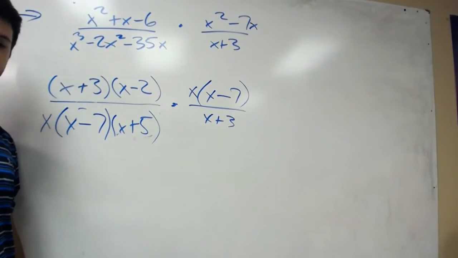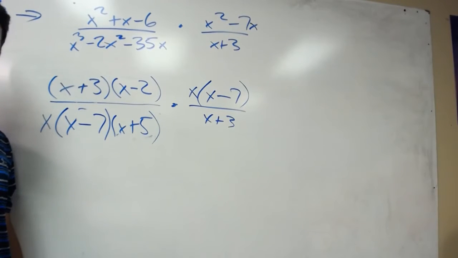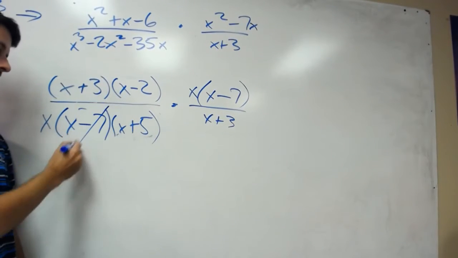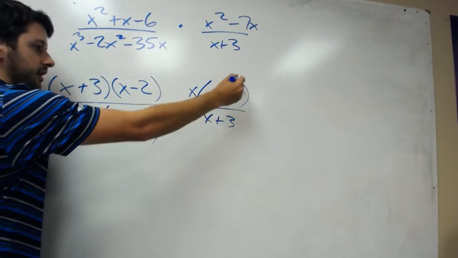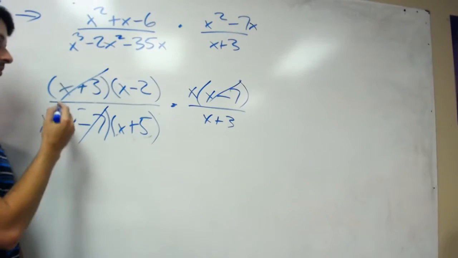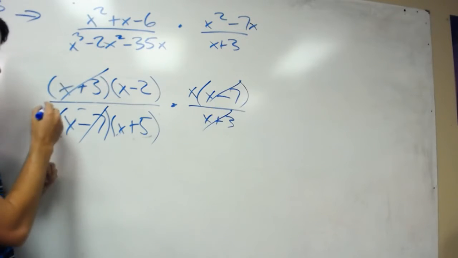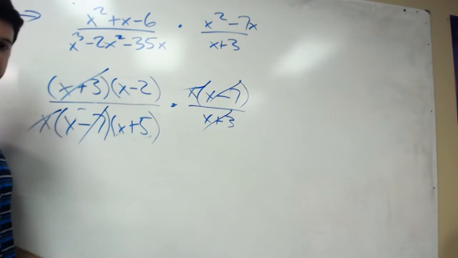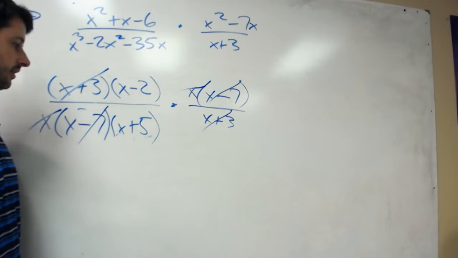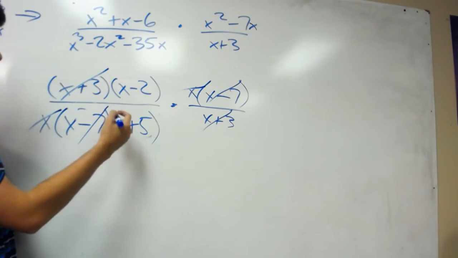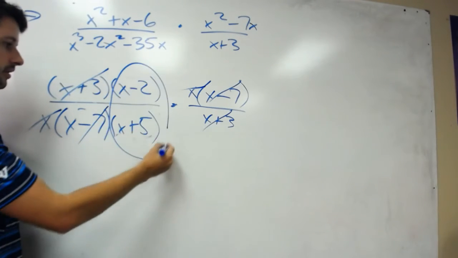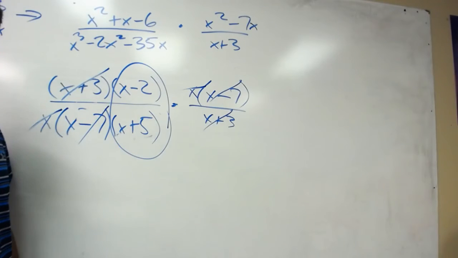So now from here we can start crossing stuff out. x minus 7, x minus 7, x plus 3, x plus 3. Get rid of the x's. No one likes their x's. They're old news. Then you're left with this as your answer: x minus 2 over x plus 5.